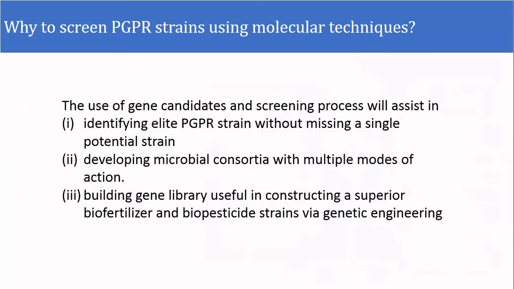Then the other thing is, once you have identified these strains with the different mechanisms, it is not possible for all microorganisms to possess all properties. Some may be very good in promoting growth, but at the same time may not be effective in suppressing a pathogen. Whereas another strain may be very good in suppressing a pathogen, but at the same time may not be promoting plant growth.